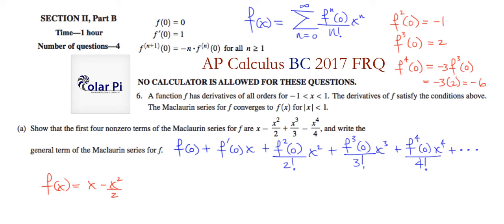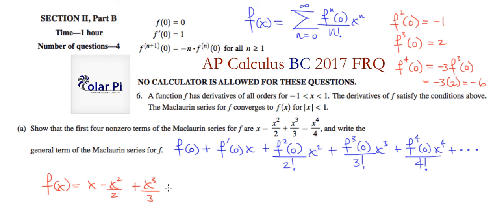So then continuing on where we left off here, we'd already taken care of that. So moving on to this, we see that this part is going to be 2, and then we know that 3 factorial is 6. So 2 divided by 6 is going to be a third times x cubed. We could just write that as x cubed divided by 3, right?